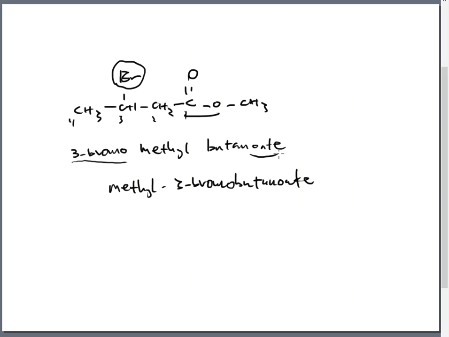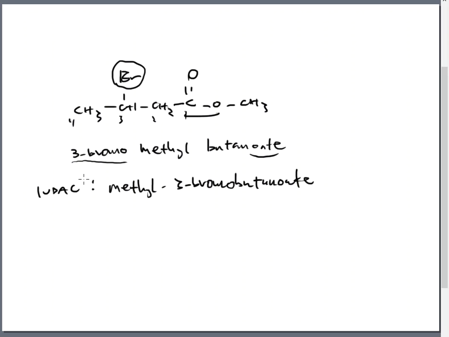But in IUPAC, you always name the group on the O first, in this case methyl, and then you worry about everything else on the left-hand side in this case, and that bromo needs to go with that butanoate part, because that's the side that bromo is on. So that's why we write it closer together. So methyl 3-bromobutanoate. That is the IUPAC name for that ester.